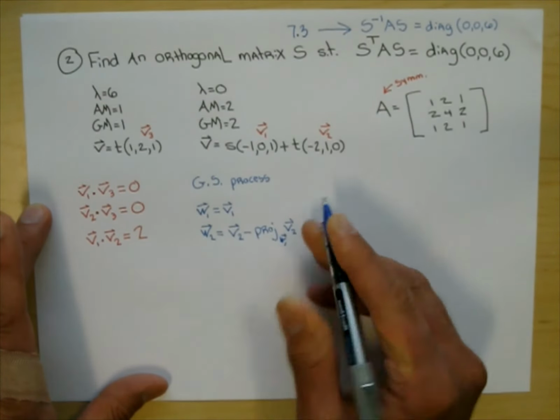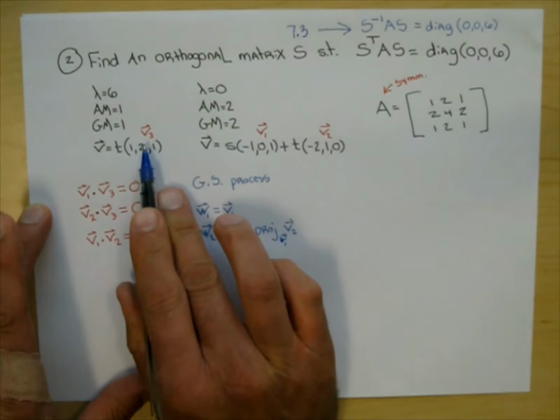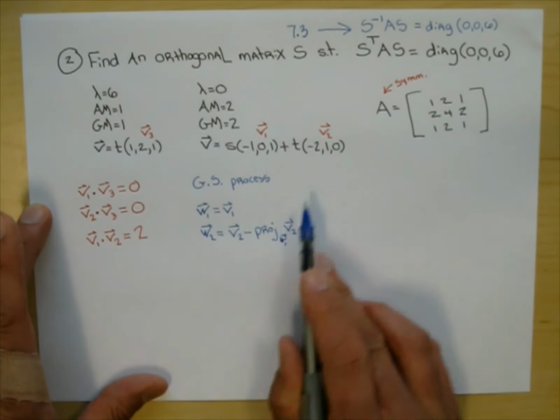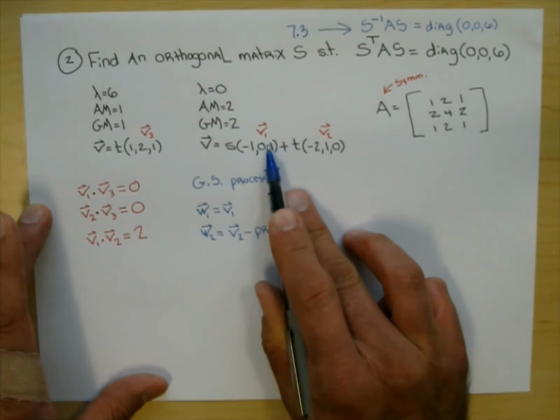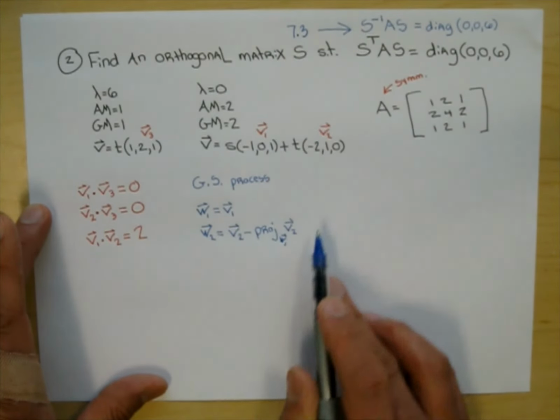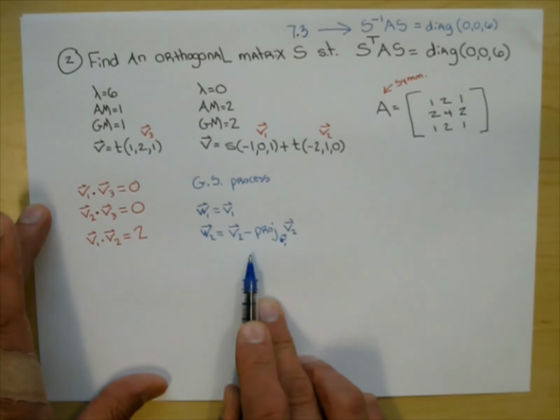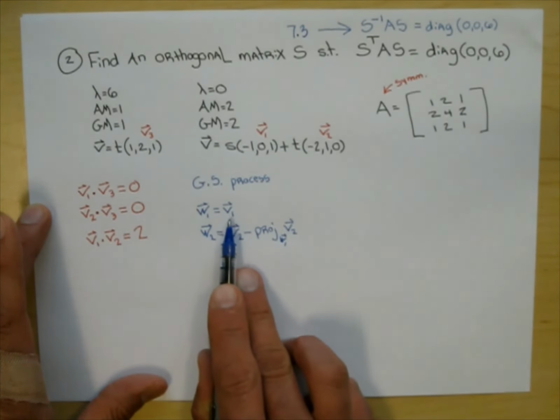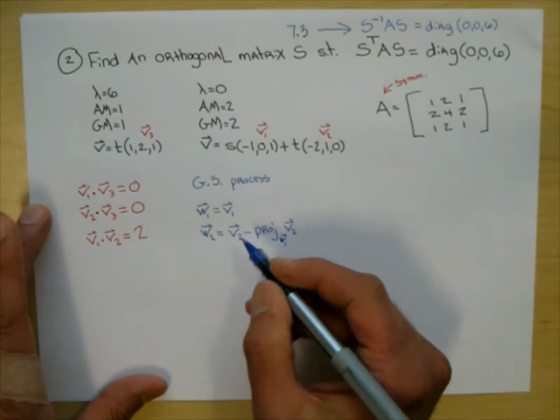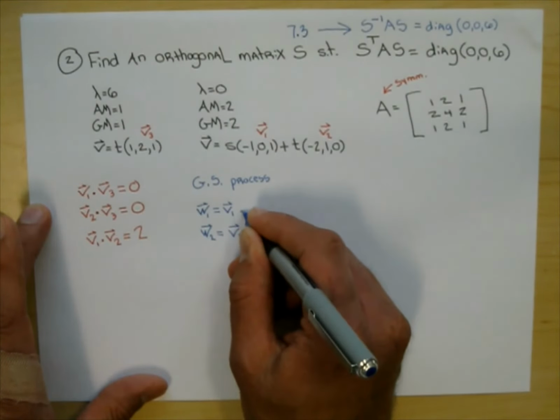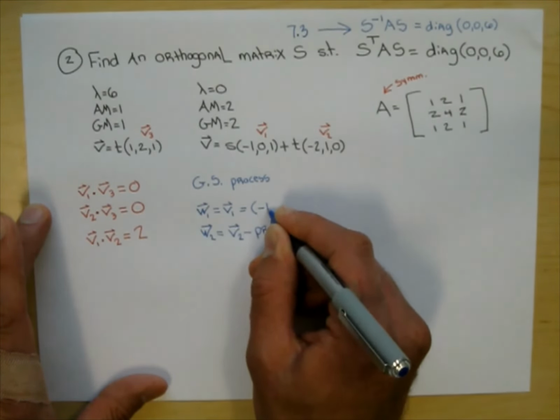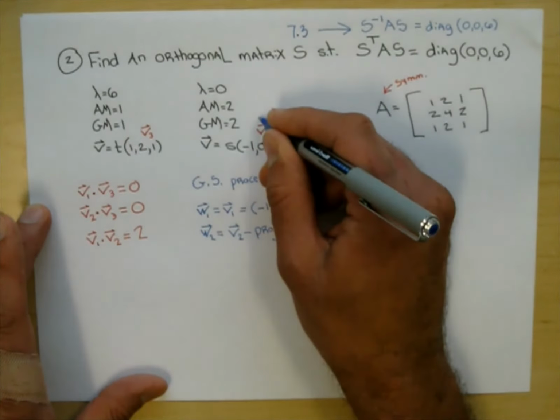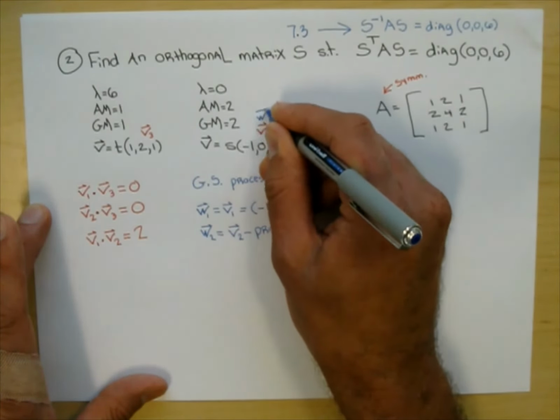Now we don't have to Gram-Schmidt all three of these because this guy's already orthogonal to any guy over here. So we just have to Gram-Schmidt these two guys, which is not that bad. We just have to do these calculations. And really, this first calculation isn't bad. W1 is V1, and so we know what that is. That is -1, 0, 1. So this right here is W1.